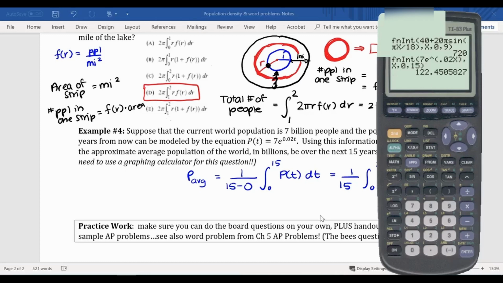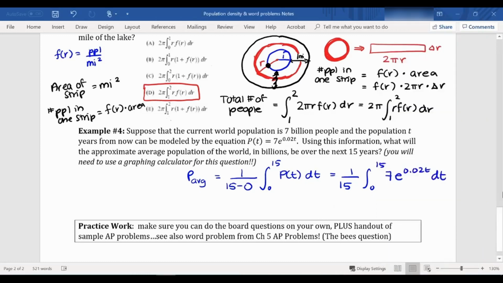Enter, and I get 122.45. And if I divide by 15, I get 8.16 billion.